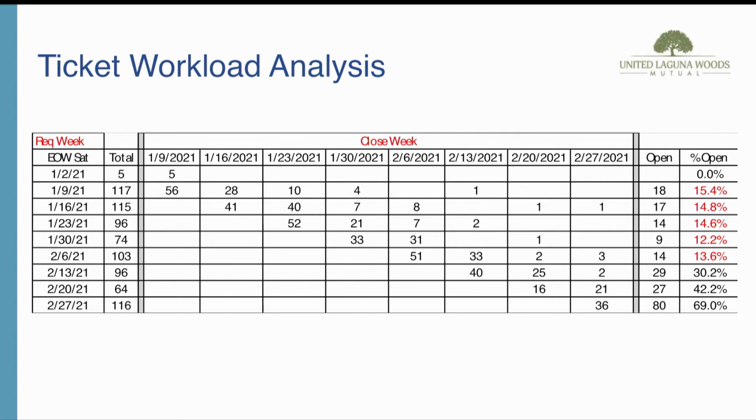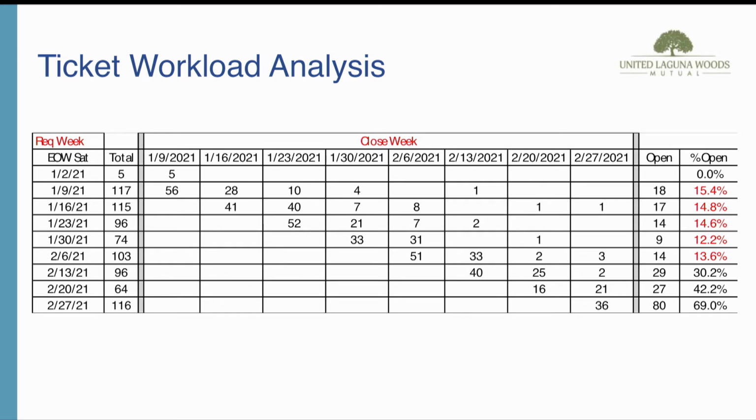That's very simple. It's just a cross tabulation of starting week versus ending week. On January, there are 5 in column B. So you can see the first one is 5 tickets received on the week of January 2nd, and they all finished on January 9th.